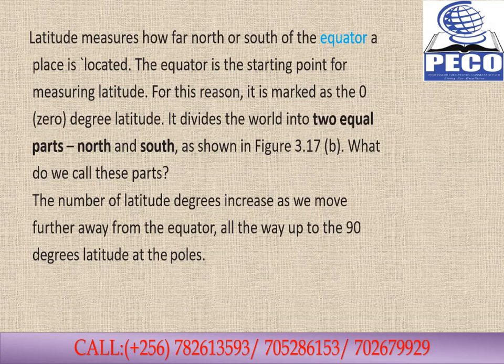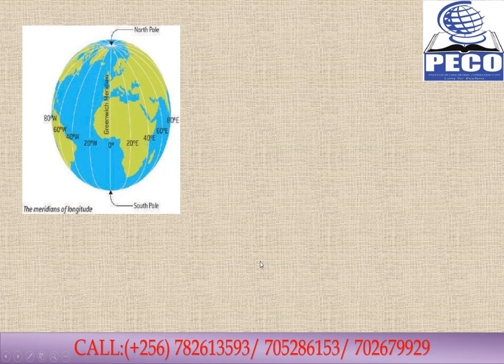We have the Tropic of Capricorn in the south at 23.5 degrees. Then we have the poles, which are at 90 degrees. So we have the North Pole and the South Pole. Those are what we call latitudes.